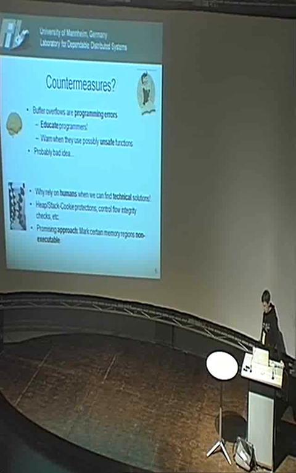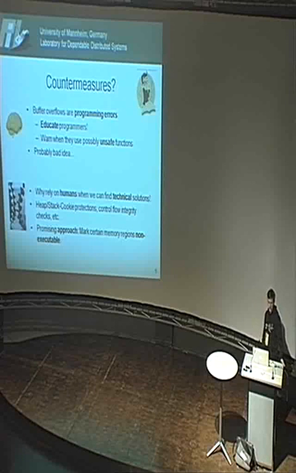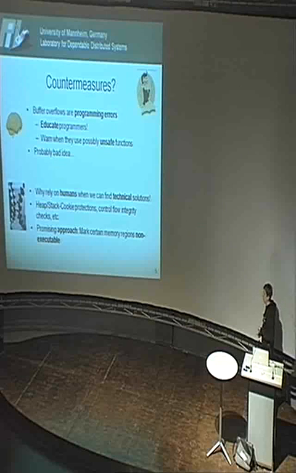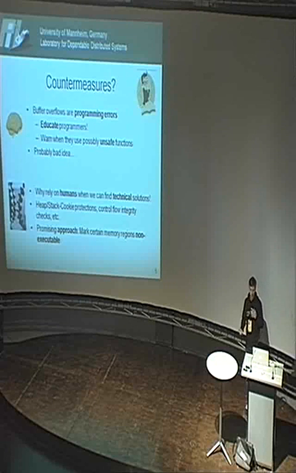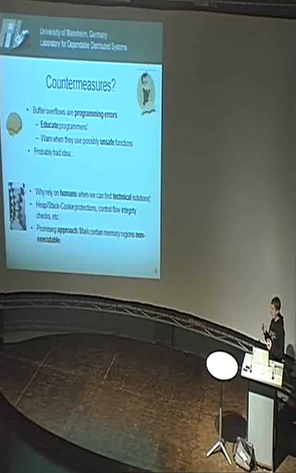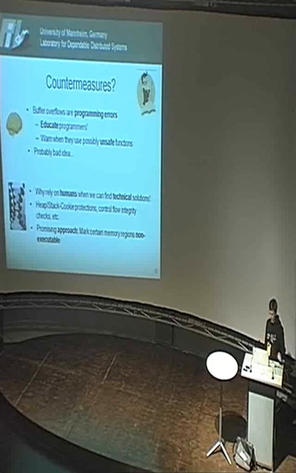So there were some smart suggestions by many people on how we can defend ourselves against buffer overflows. There were these heap and stack cookie protection types in which you put some random value between function references in memory so that you can detect when things were overwritten and function references are being tampered with.